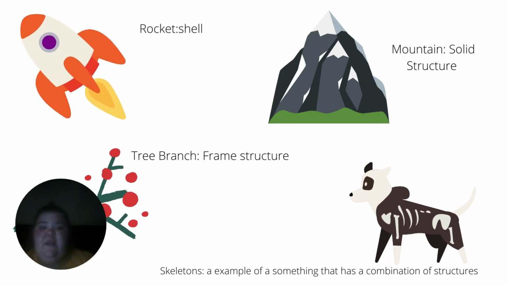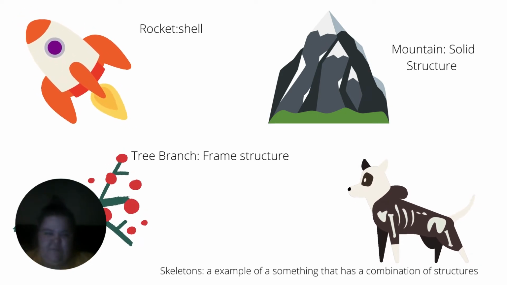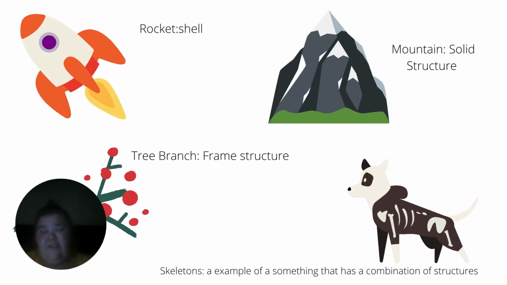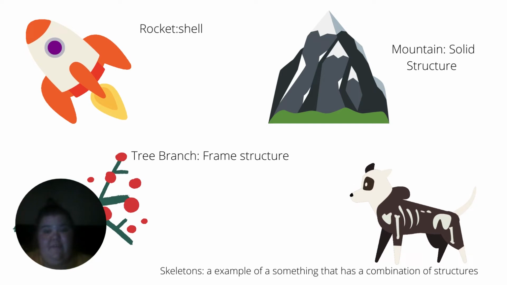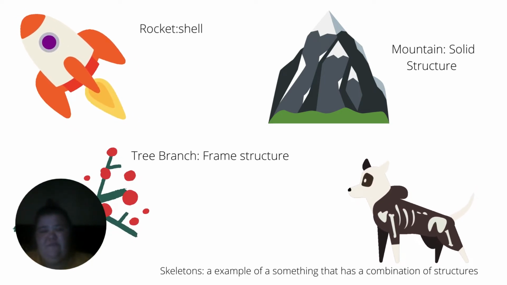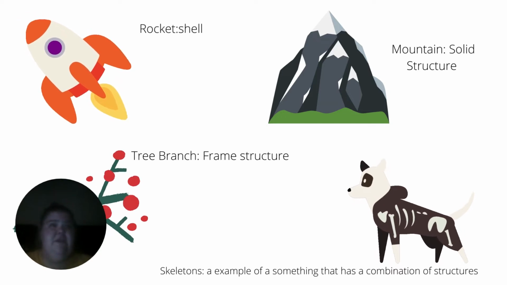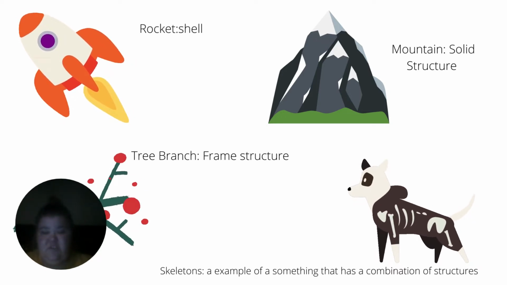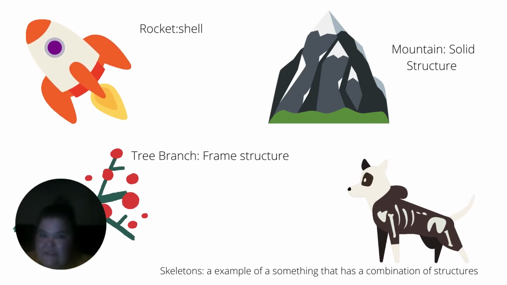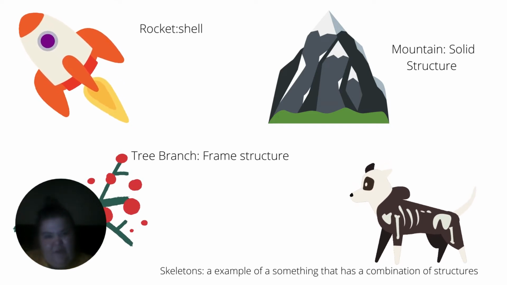Okay. Then we have a mountain. But now you're going to say, but ma'am, you just told us a tree branch is not a solid structure. So how can a mountain full of ice and water and ground and animals be a solid structure? Well, simply because it's a mountain. It's made out of rocks.